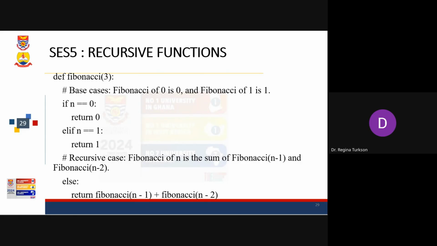If n is equal to 0, you return 0. Else, if n is equal to 1, you return 1. Other than that, you return the Fibonacci of n minus 1 plus the Fibonacci of n minus 2.